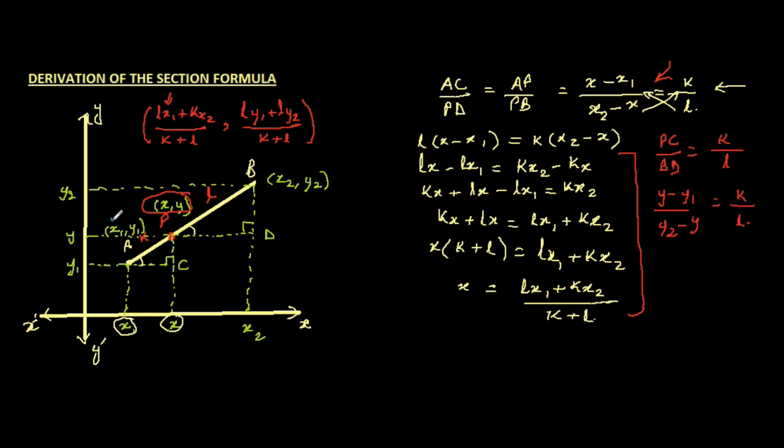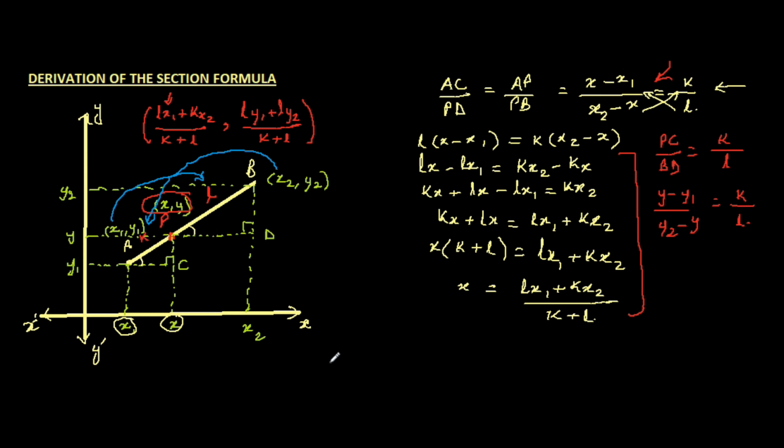The x1 coordinate will always be multiplied by this ratio here, and this x2 has to be multiplied by the ratio over here. So l x1 plus k x2 divided by k plus l. So you add k and l together, and that will give you the x coordinate. Same goes for y. It is l y1 plus k y2 over the sum of k plus l.